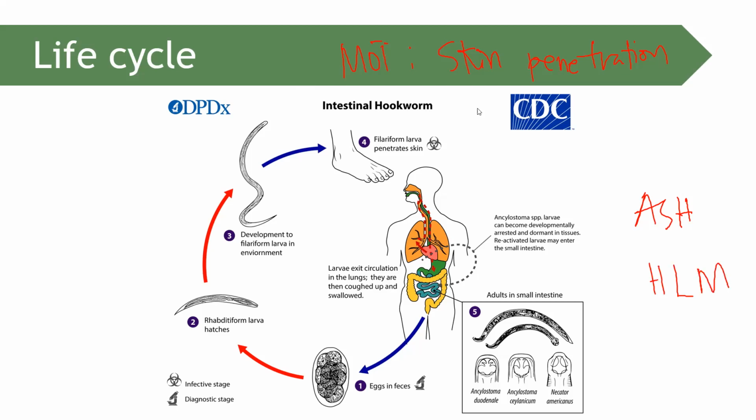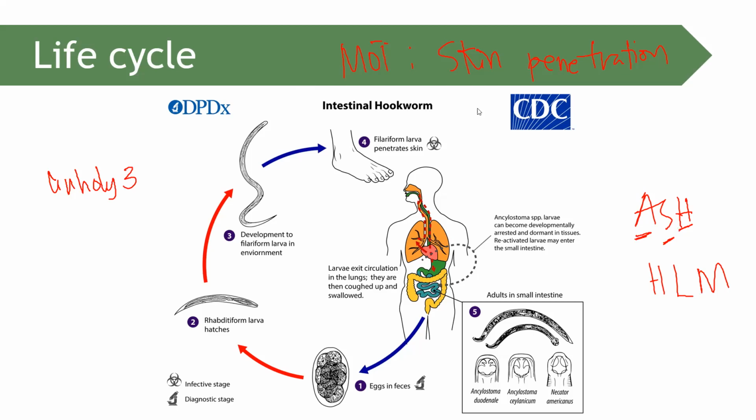Sino yan? Ascaris, Strongyloides, hookworm. Si hookworm, member din siya ng unholy tree. Ang hindi banal na tatlo. In Catholic faith, we have the Holy Trinity. In parasitology, we have unholy tree.